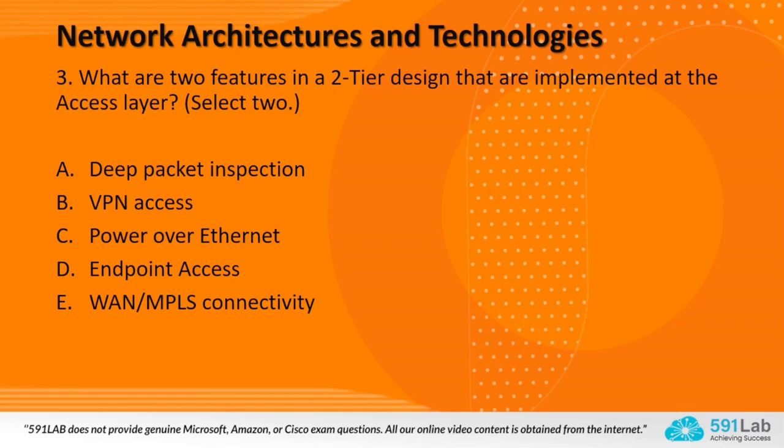So endpoint access is provided by the access layer. Option D is correct. Option E, WAN MPLS connectivity. WAN connectivity is provided at the core layer. External connectivity such as MPLS, WAN, internet, whatever the external WAN connectivity, is provided at the core layer. So option E is wrong. The correct answers are option C and D.